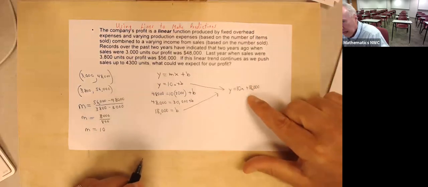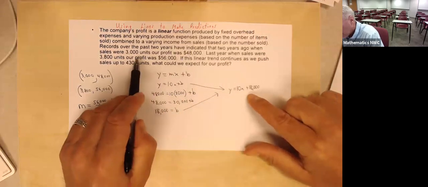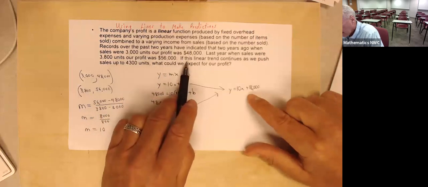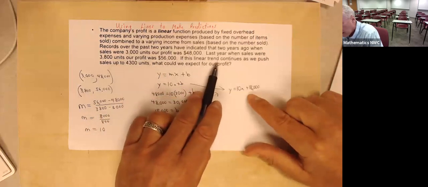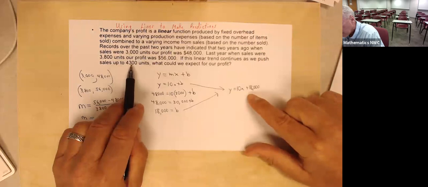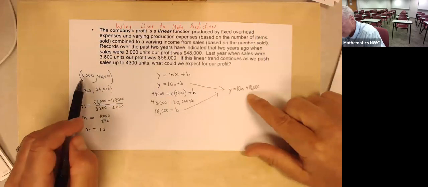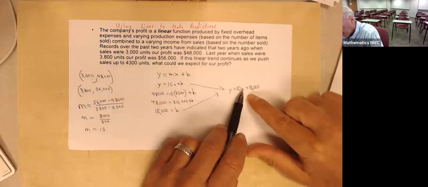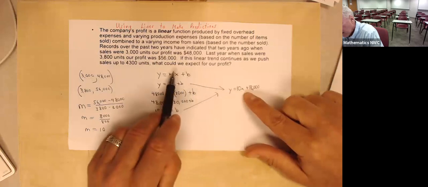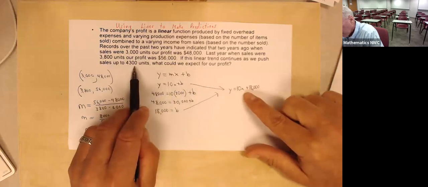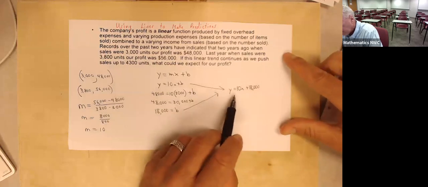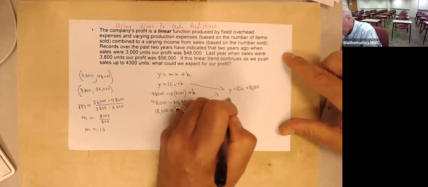I can use that line now to predict whatever they're asking of me. It says if this linear trend continues, we push sales up to 4,300 units. Sales corresponded with these numbers, my x's. So we're saying, if this x over here is 4,300, what can I expect from my profit, which is the y? So I could put in 4,300.